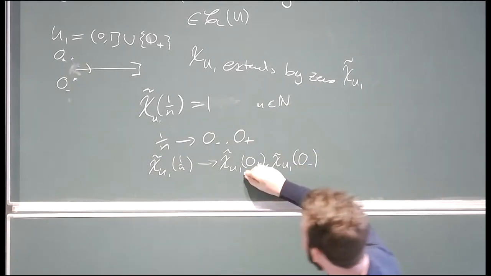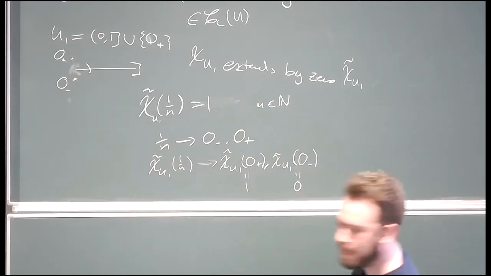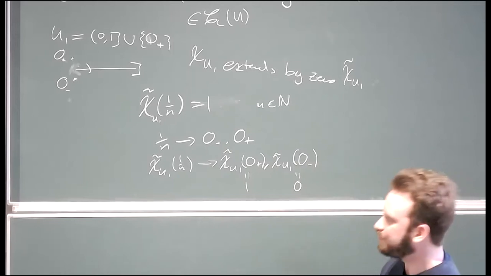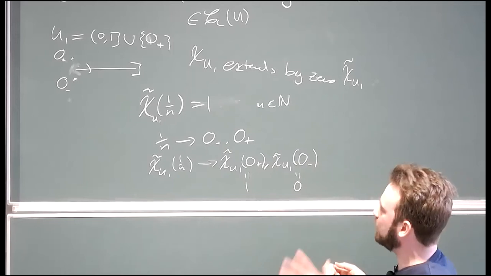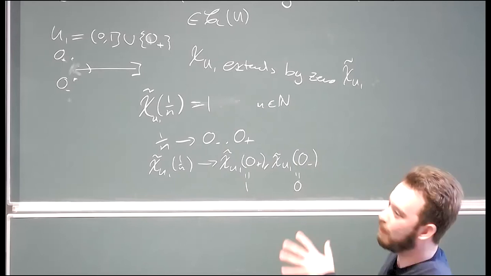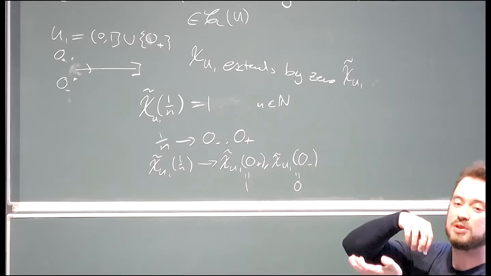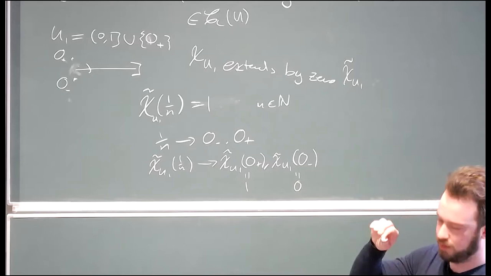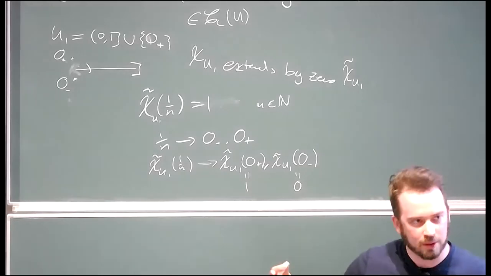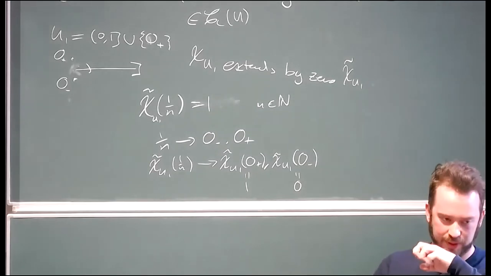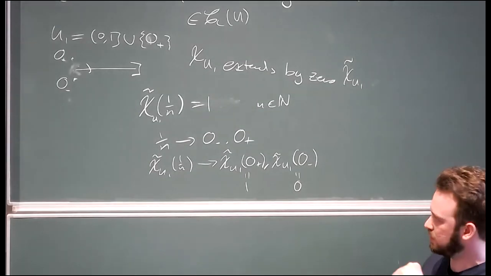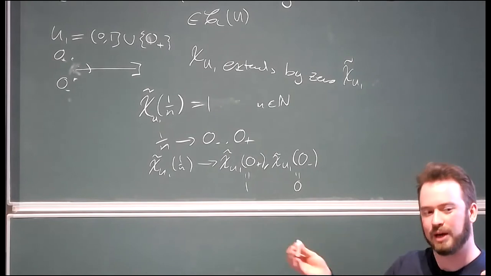But this is 1 and this is 0. So despite a function having compact support, so in particular vanishing at infinity with respect to that neighborhood, when you extend it by 0, you may be adding limit points. This is where the non-closedness but still compact part comes in.